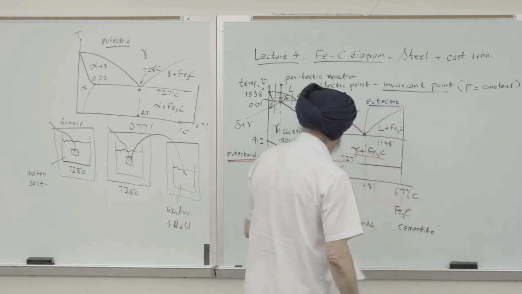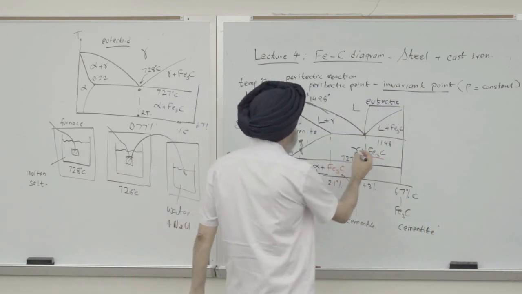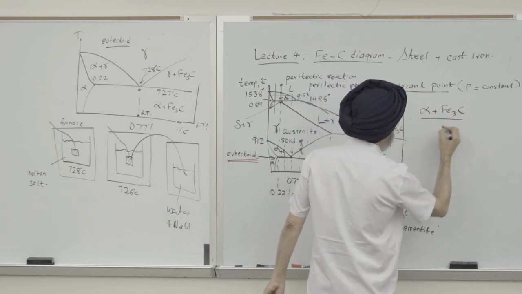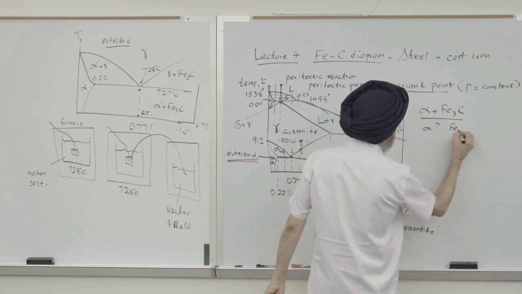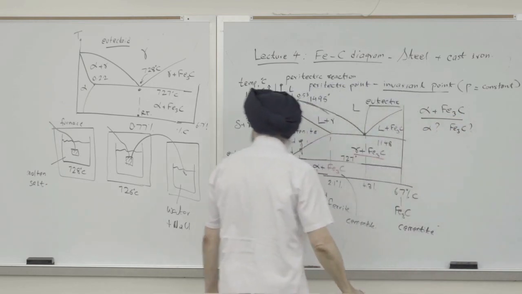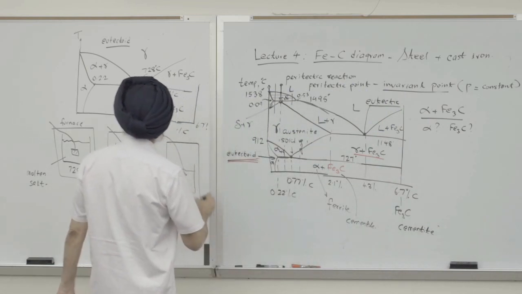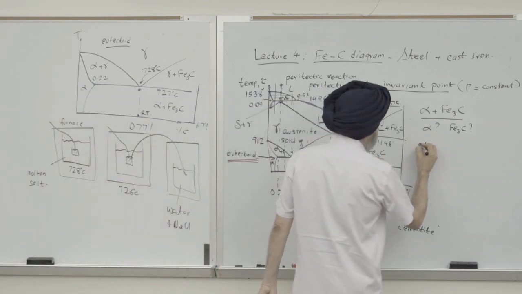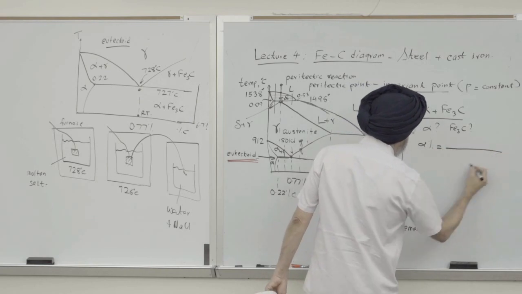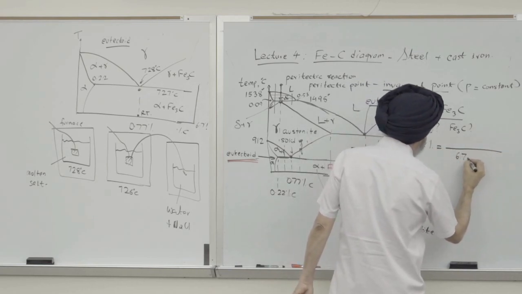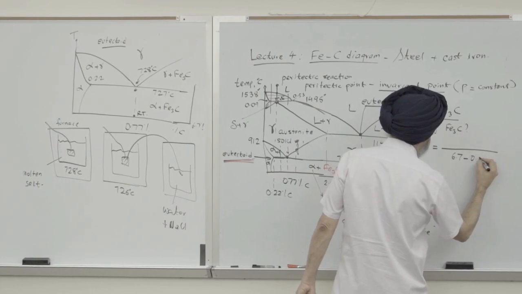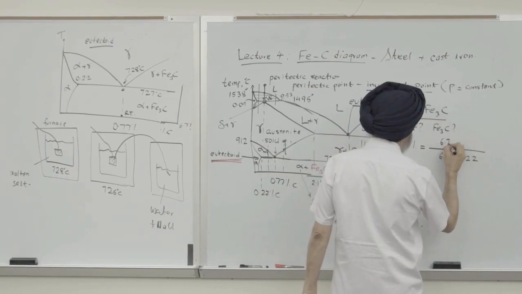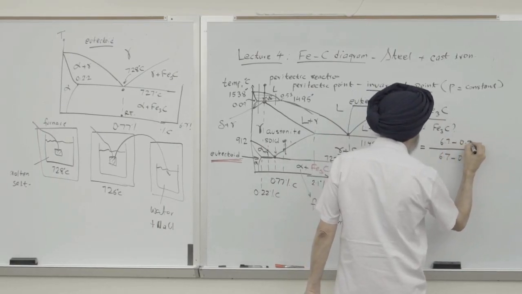So first thing is, what do we have in the steel? We know we have alpha plus Fe3C, right? So the question is, how much alpha, how much Fe3C do we have? We know from the phase rule that the amount of alpha, the weight percent, will be 6.7 minus 0.22 divided by 6.7 minus 0.77.